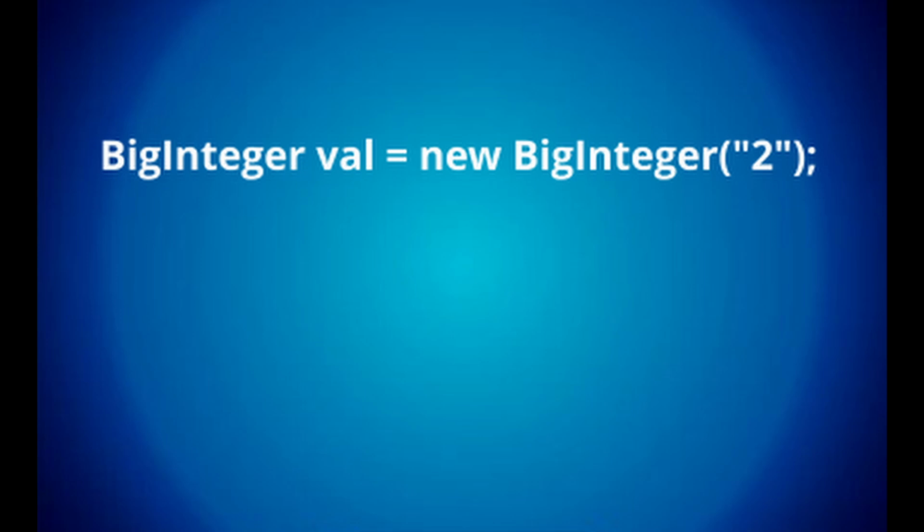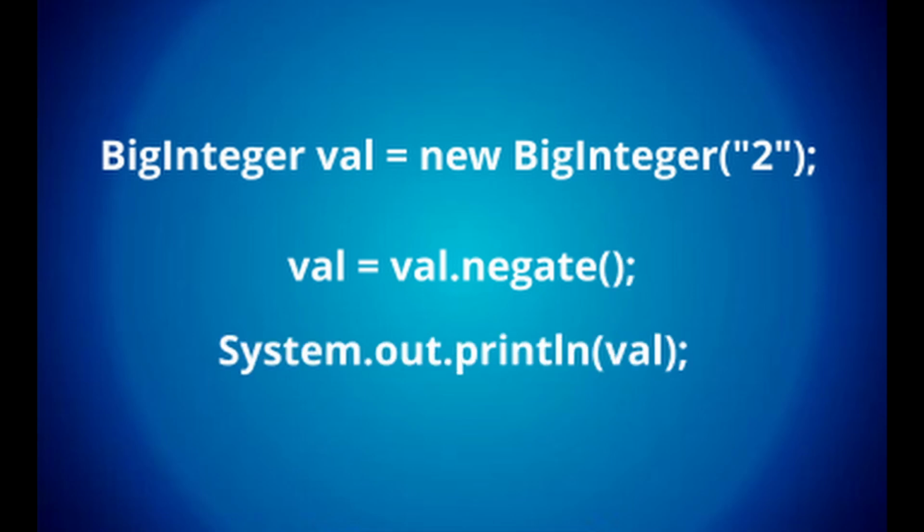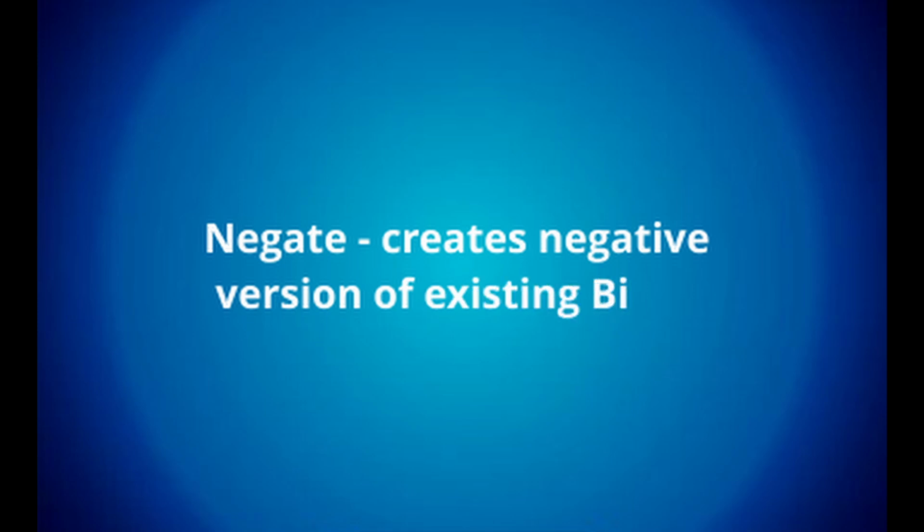We have BigInteger val equals new BigInteger 2. Then val equals val.negate, and then we print out val. The output you get is -2. It creates a negative version of the existing BigInt.